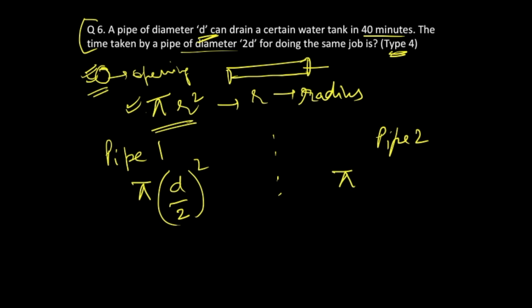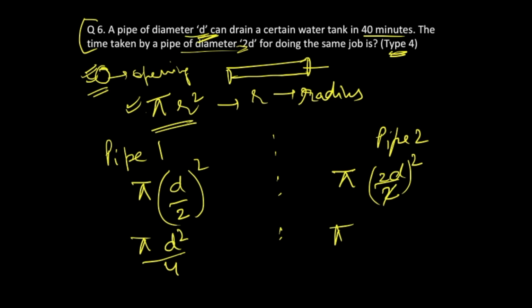Pipe 2's cross-sectional area is going to be pi (2d by 2) whole square, because the diameter is twice that of the earlier one, and dividing by 2 gives the radius. So this is going to come out as pi d square by 4 to pi d square, where the 2 gets cancelled.